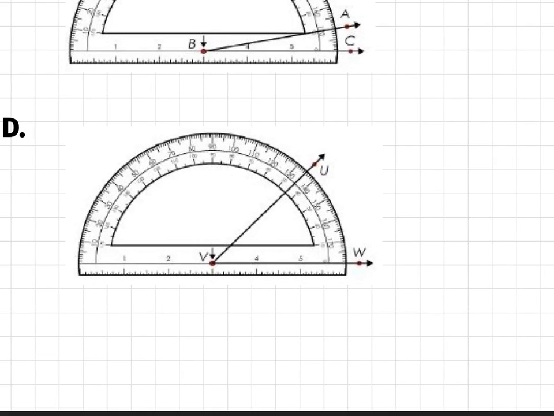And then lastly, I know that this one is also acute. It's less than 90 degrees. I'm going to call this angle UVW. So the measure of angle UVW is going to be 45 degrees. So I hope these made sense and that you got them all correct.